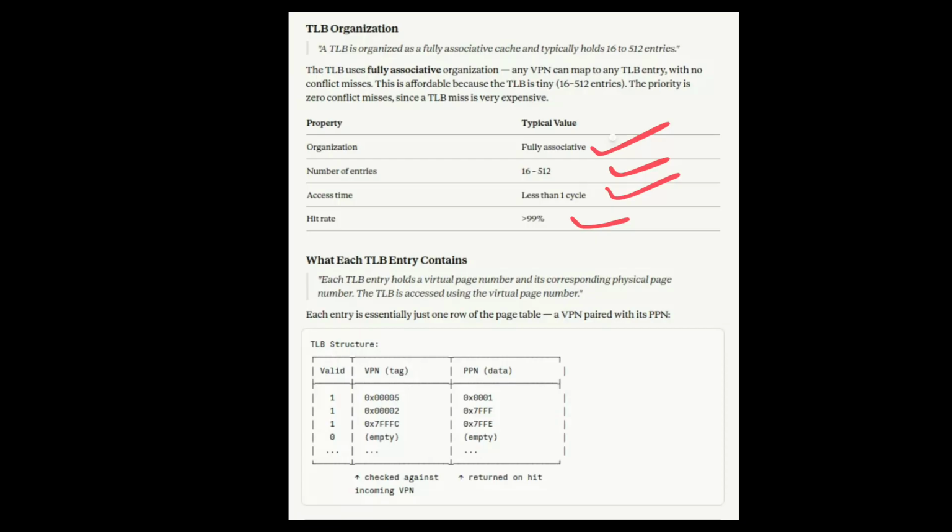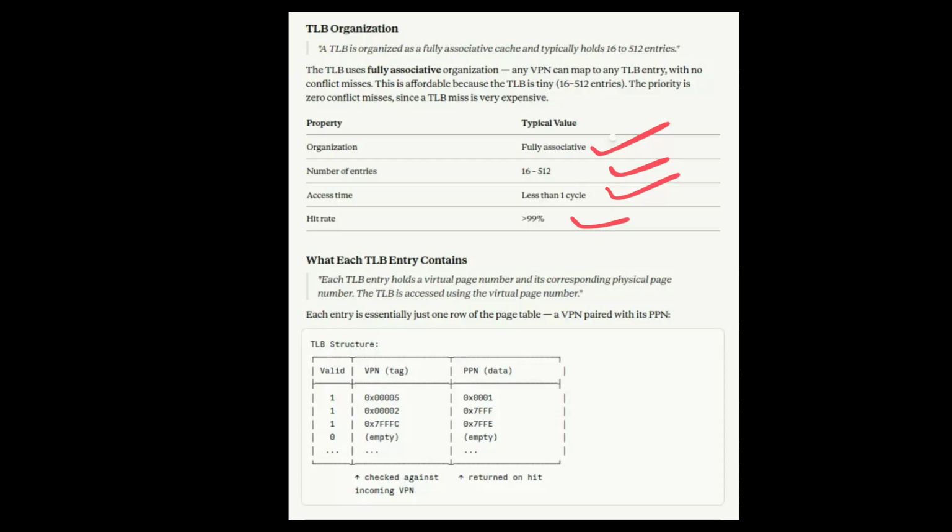So here a TLB is actually a fully associative organization, and the number of entries would be approximately 16 to 512. The number of entries is actually very small. The TLB is very affordable because it is very tiny, only 16 to 512 entries.